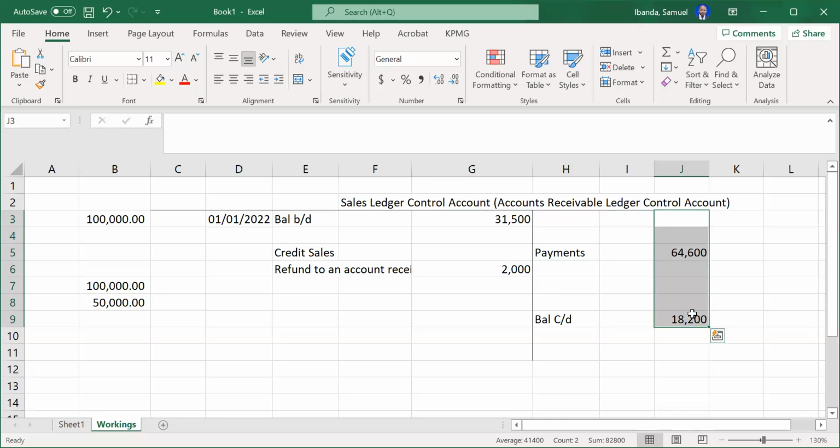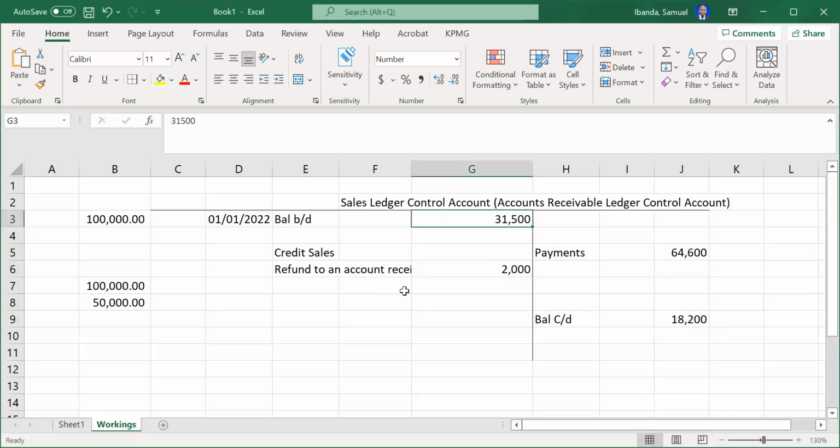Definitely, returns do reduce the amount, because if I was demanding 31,500 and some customers return some of their goods, then I'm going to reduce my balance. So very good for those that have tried.